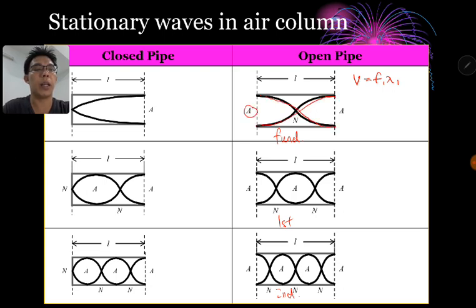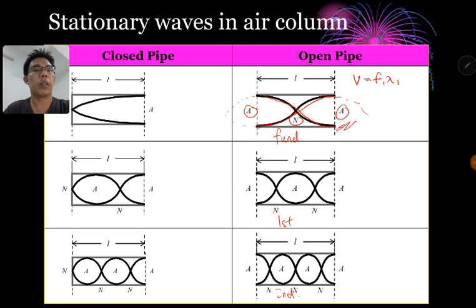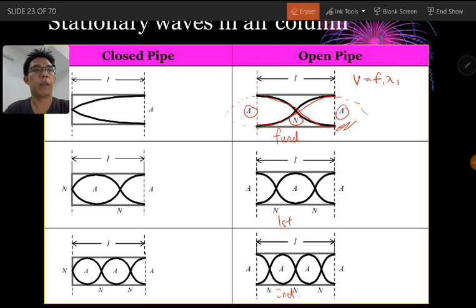Both ends must be antinodes, and inside here there will be a node, and from here we can identify that this is actually half a wavelength, because you need this part to complete it. Only then it becomes two loops and one wavelength. So between two antinodes is just half a wavelength. Let me erase this part a bit. Sorry, I need the space here.